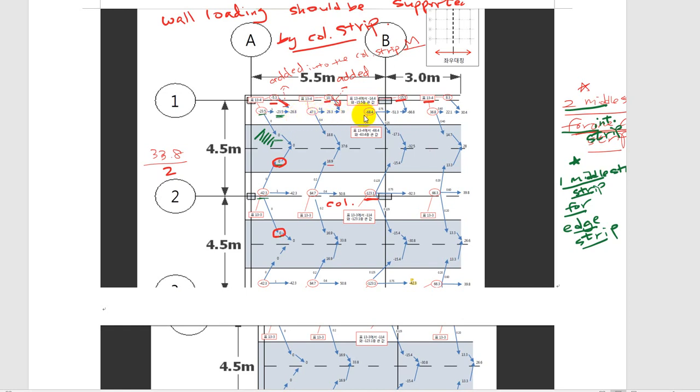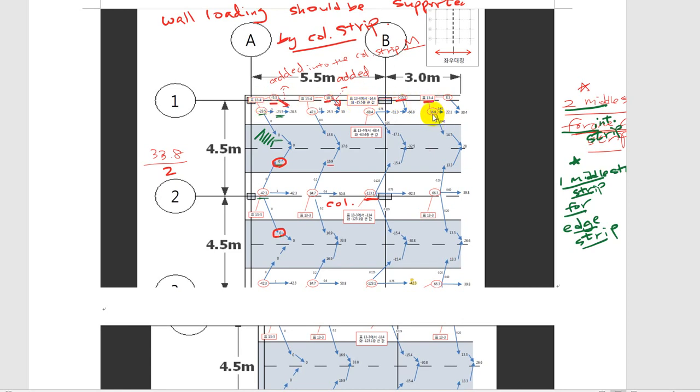And next one here, minus 68.4, is taken by 75% and 25%, which is minus 51.3 and minus 17.1 by one middle strip for edge strip, exterior strips.